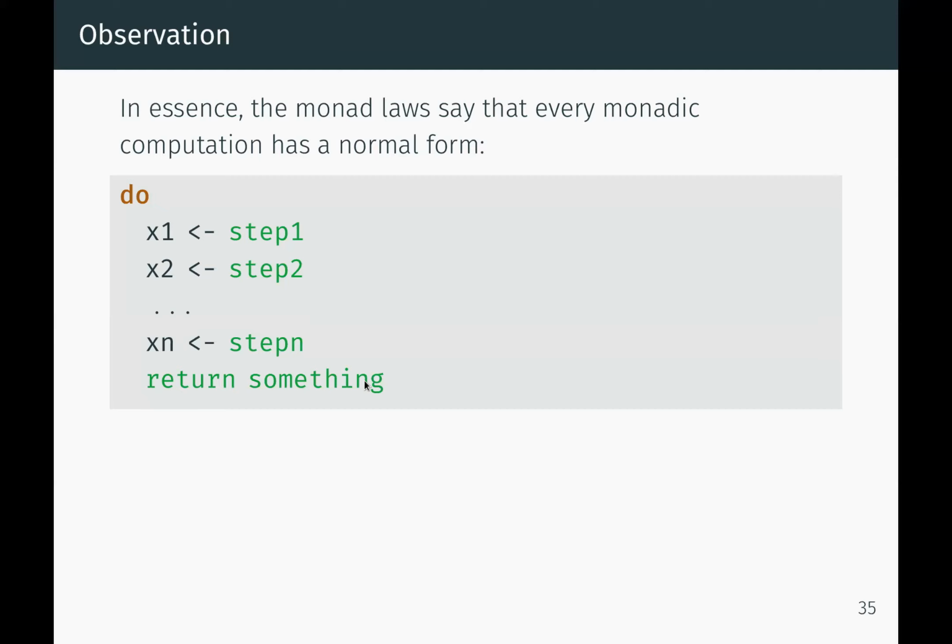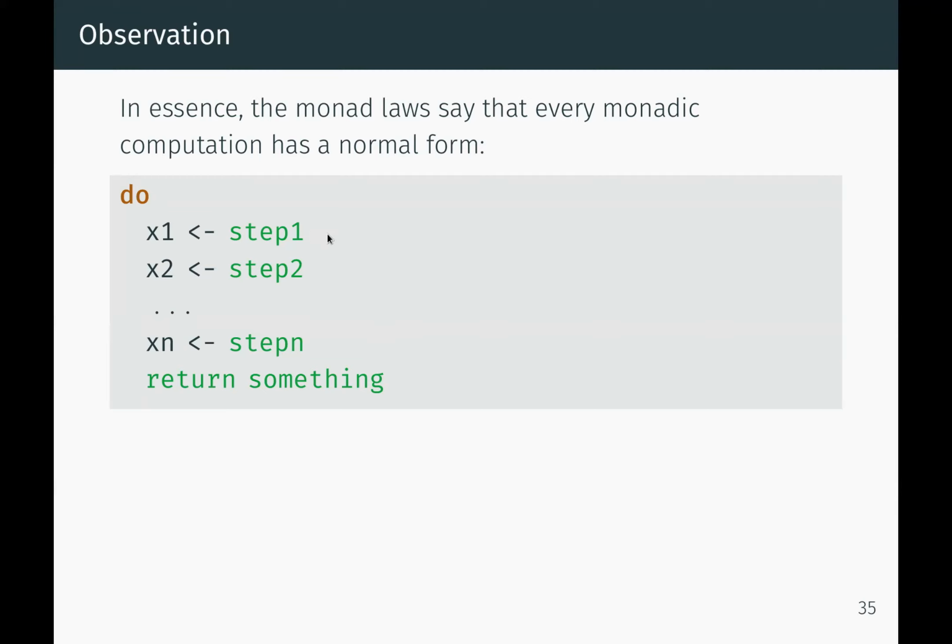So that's one way to look at the monad laws, that they allow you to always normalize every monadic expression into this form. And what that basically means is, if we just look at this step one, we can look at it as follows. We do something monadic, and then given the result x1, we can do the rest, where the rest is again of this form.